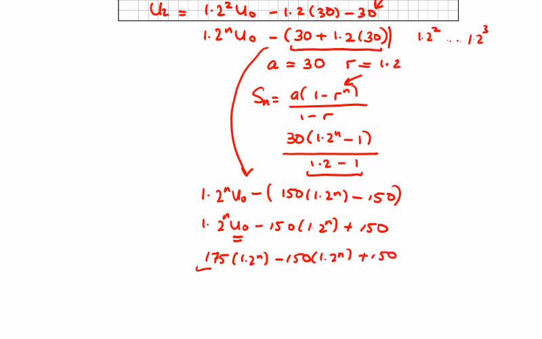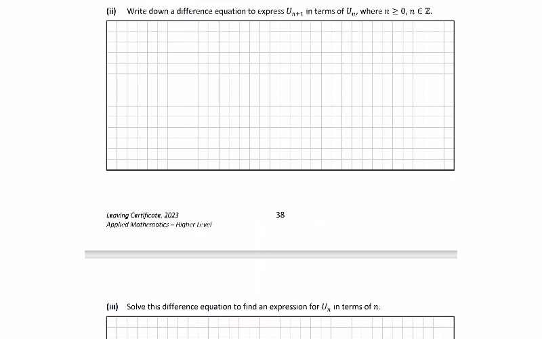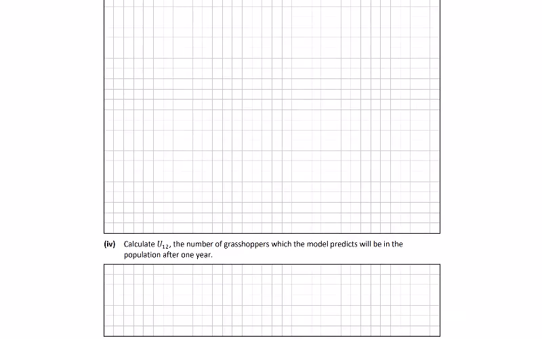So the difference equation combining these two becomes 25 times 1.2 to the power of n plus 150, which is the answers to part 2 and part 3. Part 4 asks us to find U12.